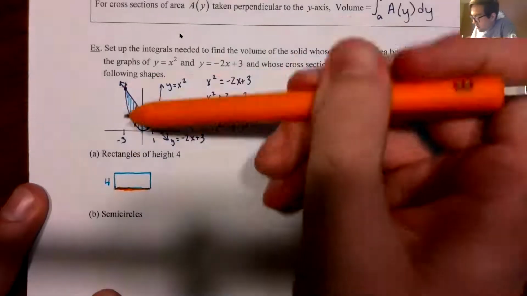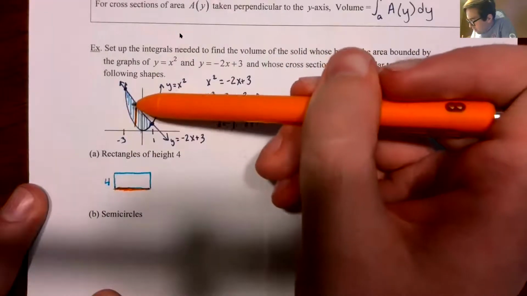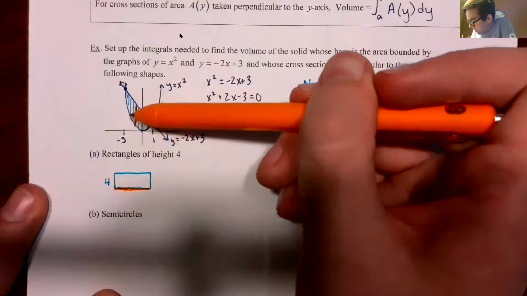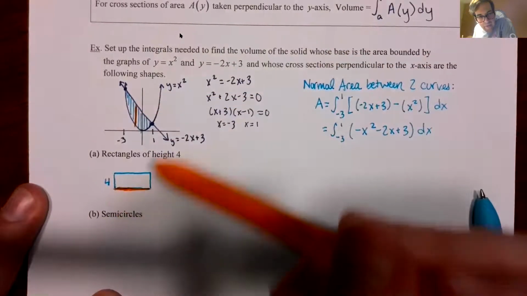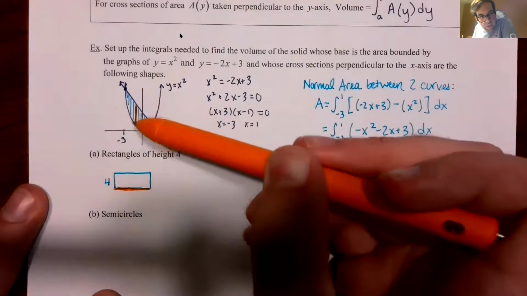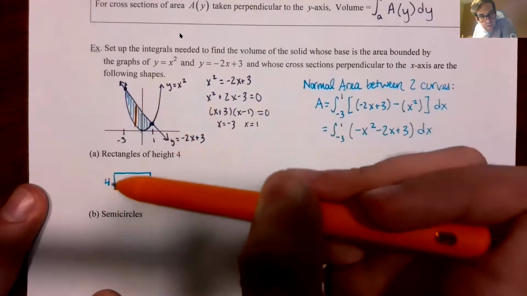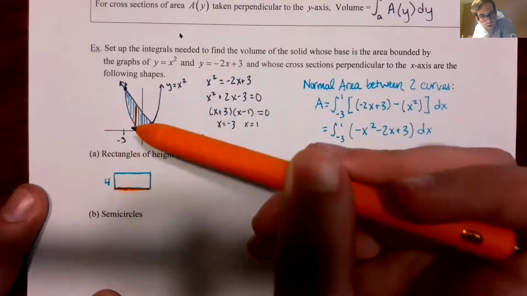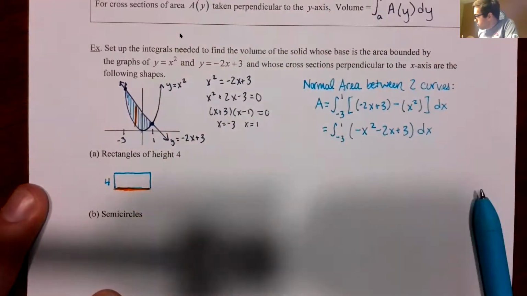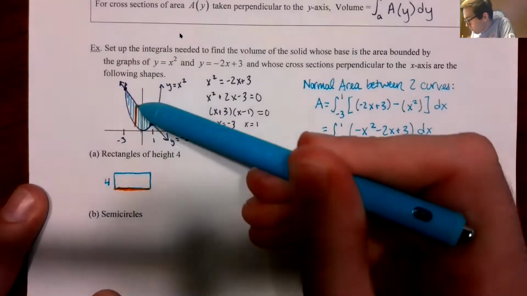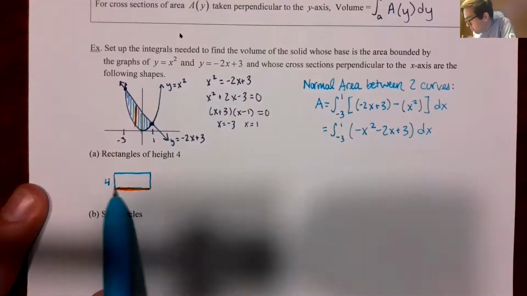So picture that there's literally a rectangle coming off of the page right here, and it has a height of 4. It's coming straight off the page. So the whole shape has a height of 4, and the base is whatever this length is, okay? So I guess the question is, what is the length of the base?